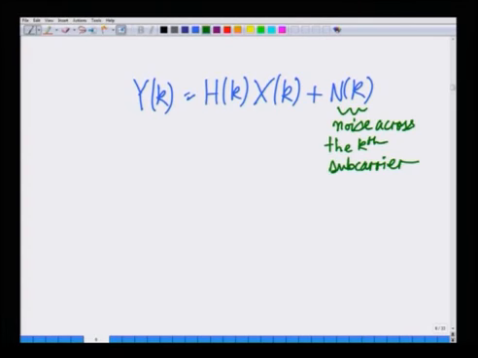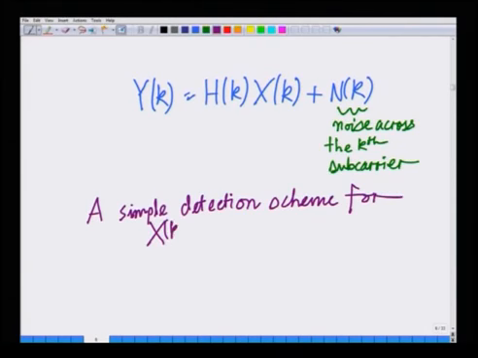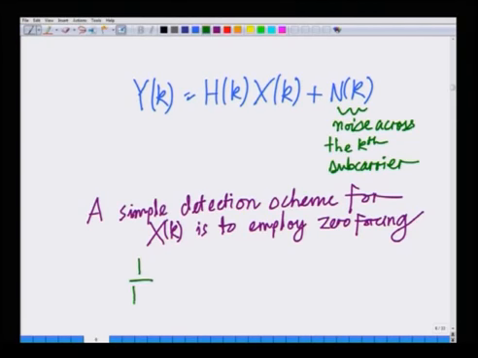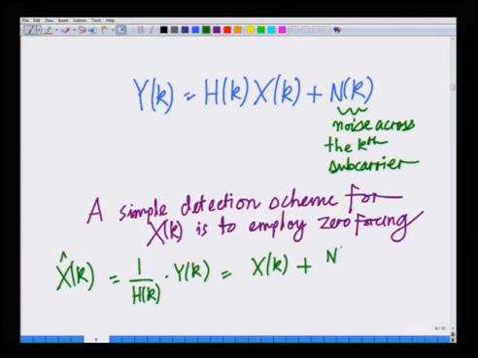So a simple detection scheme for xk is to employ zero forcing, in which I will do 1 over hk times yk, which means xk hat equals 1 over hk times yk, which is nothing but xk plus nk divided by hk.